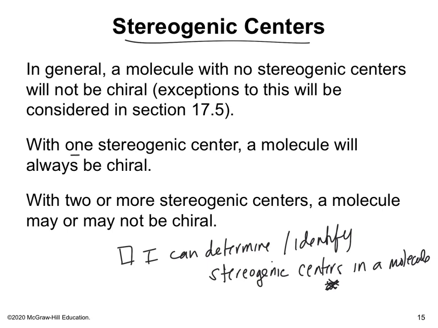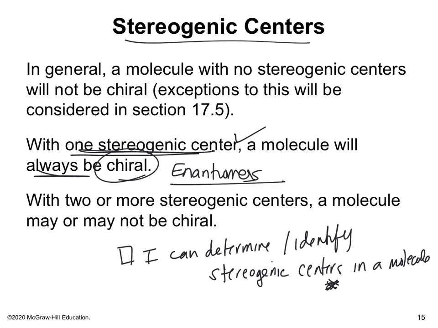Now this is important: if you only have one stereogenic center, that's always, and remember anytime we say always, it's going to be chiral. So if you have one, you can have the other one, and those can be enantiomers. If you have 2 or more stereogenic centers, it may or may not be chiral. So you're going to have to look and do some more investigation on that.